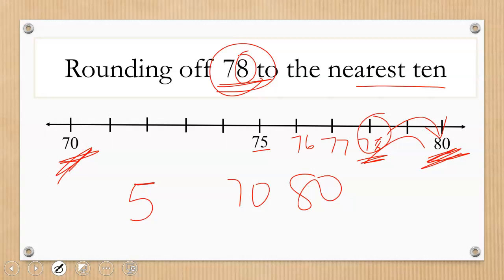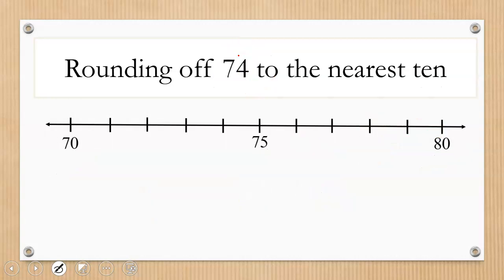And if it were 74, and we have to run it to the nearest 10, because the unit digit is 4, which is less than 5, we'll run it down to 70. So 74 to the nearest 10, running down, will be 70.